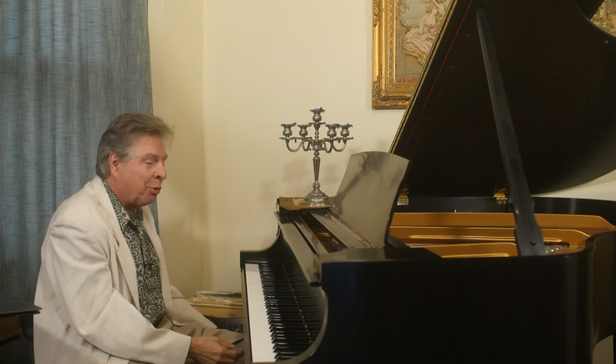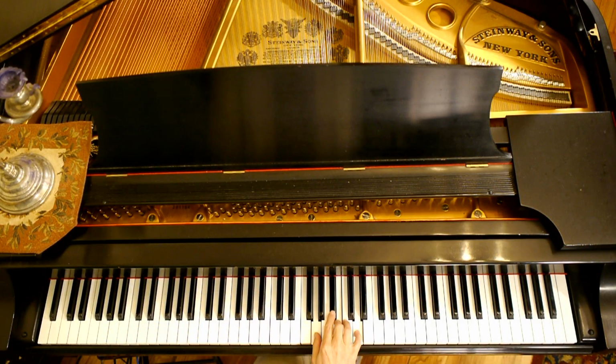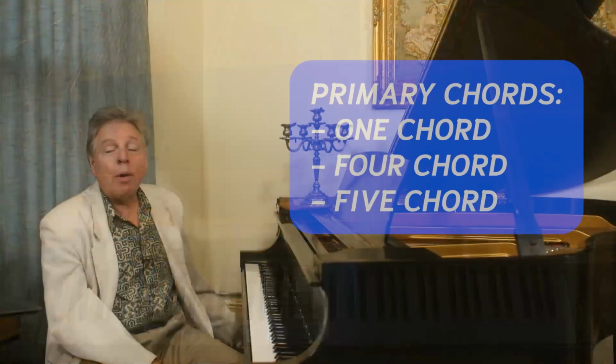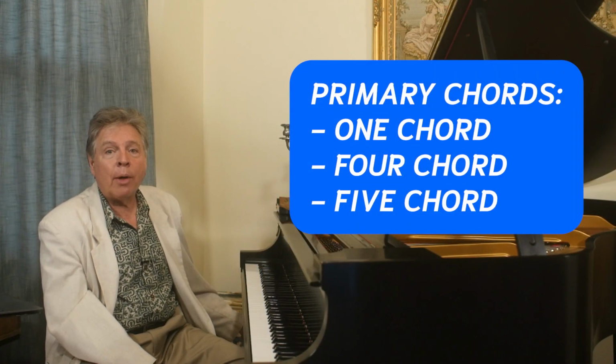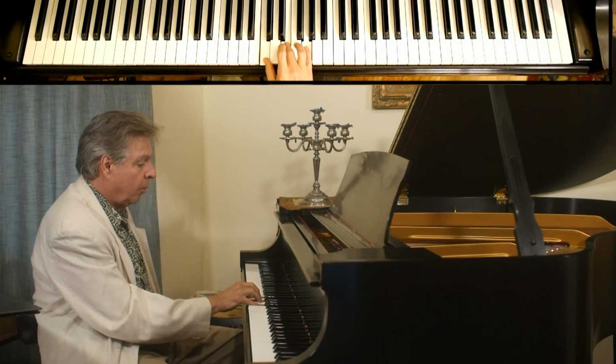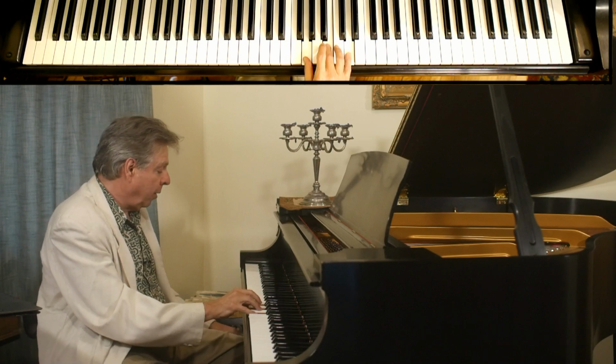We're going to go to the next one, which is the 5 chord. 1, 2, 3, 4. 1, 2, 3. Another major chord. So to recap, we've got the 1 chord, the 4 chord, and the 5 chord are your primary chords. 1 chord, 4 chord, 5 chord.